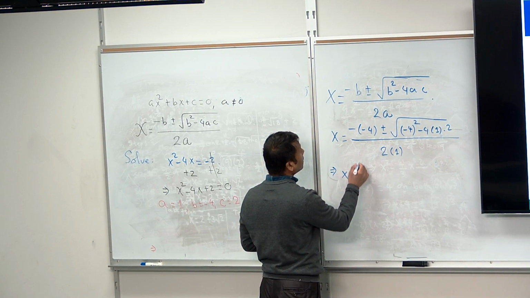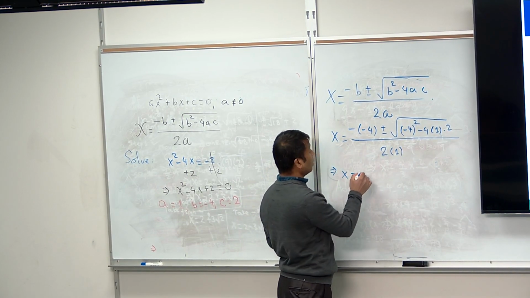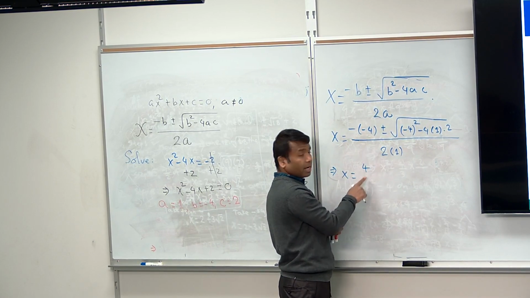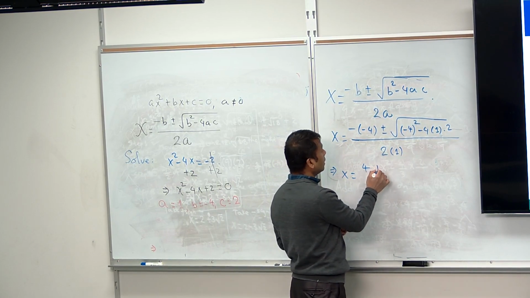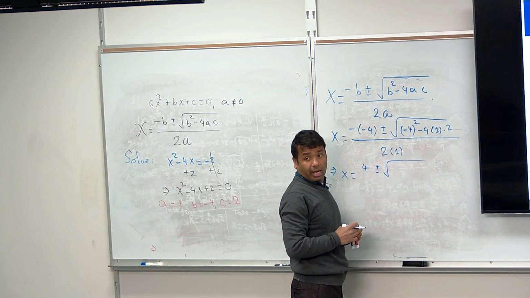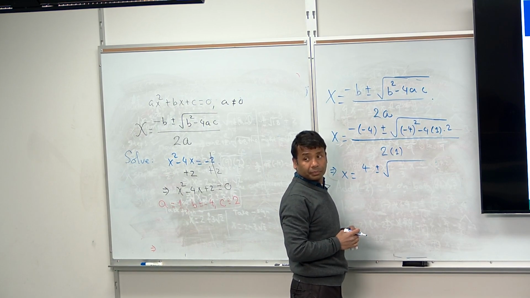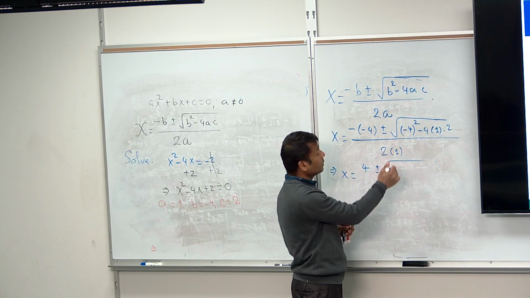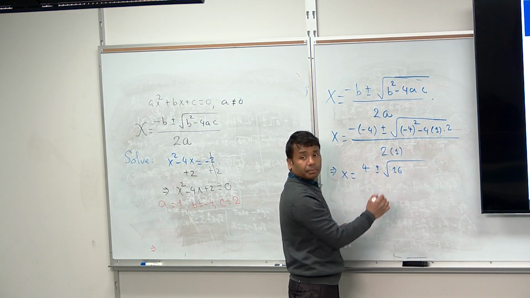x equal to, what is negative times negative? This is positive 4, right? Negative times negative 4 is positive 4, plus or minus, what is this? Parenthesis, negative 4 squared. What is this? 16, right?